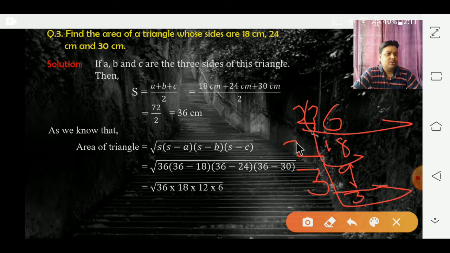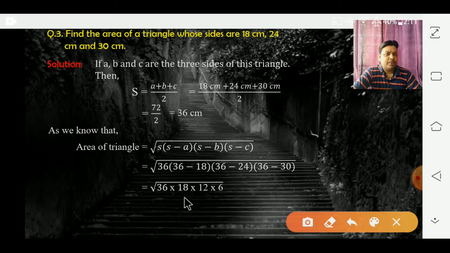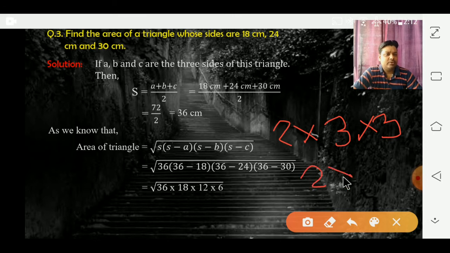It means 2, 2, 3, 3. Same as if you will find the prime factor of 18, then what you will get? 2 into 3 into 3. Same as if you will find the prime factor of 12, you will get 2 into 2 into 3. Same as the prime factor of 6, 2 into 3.